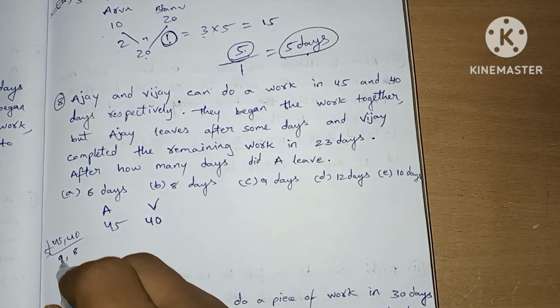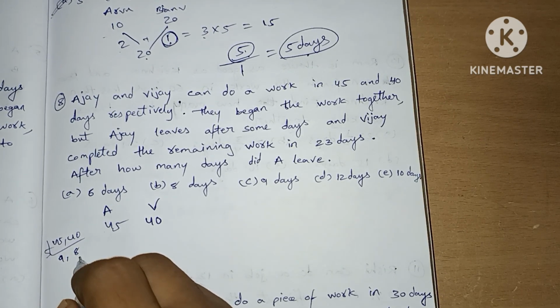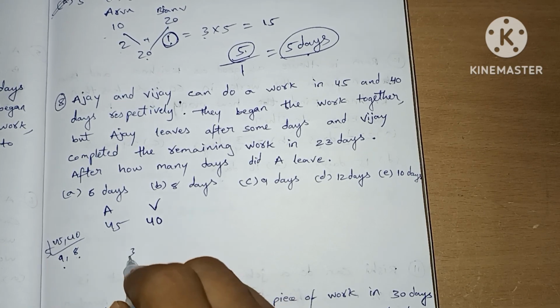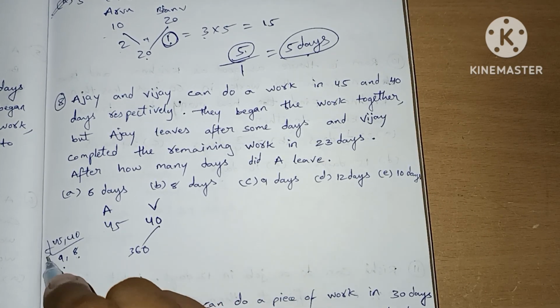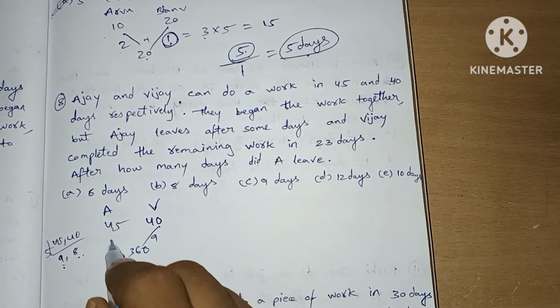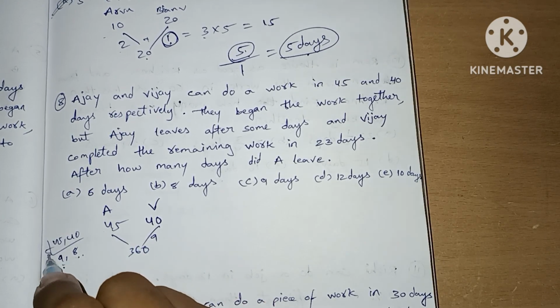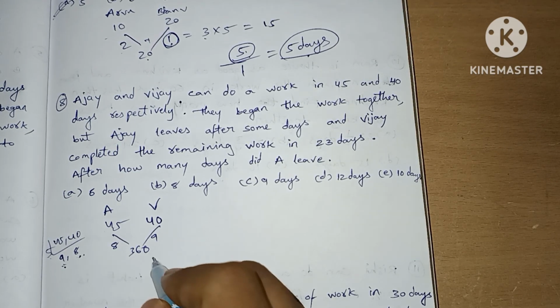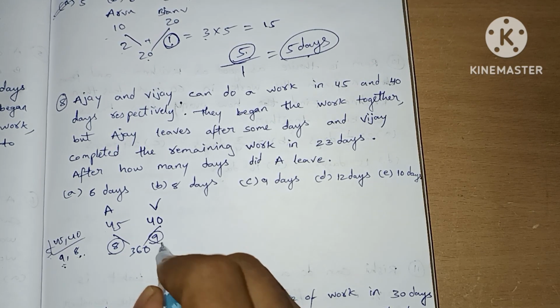So 8 × 45 is 360. Here 360 by 45 is 8, and 360 by 40 is 9. So the efficiencies of Ajay and Vijay are 8 and 9.